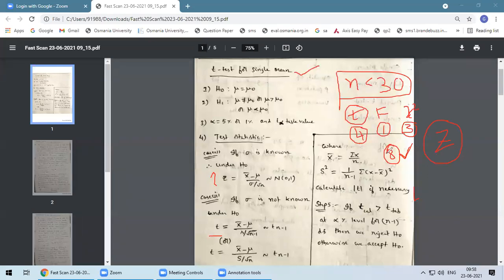I have already sent unit number 4, non-parametric tests, so those notes are finished. Everybody should copy that, or at least take a Xerox copy of it. Unit number 4 notes were already sent, because we are in unit number 3. I will finish this one within a week or 10 days, then we will discuss unit number 4.